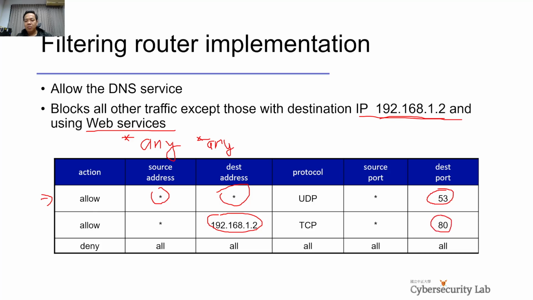The port is HTTP. The source port we do not care about, and the web service is TCP, so remember this one. We only need to care about the destination IP, so the source IP can be any.